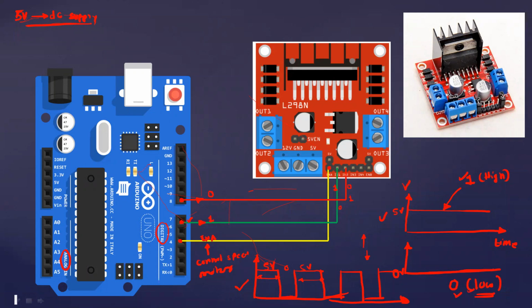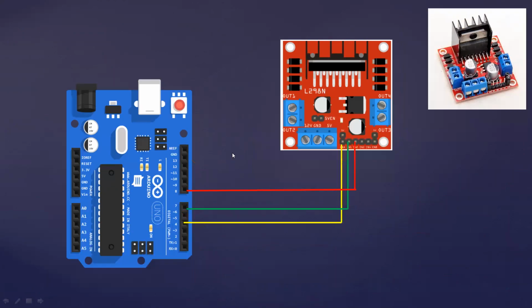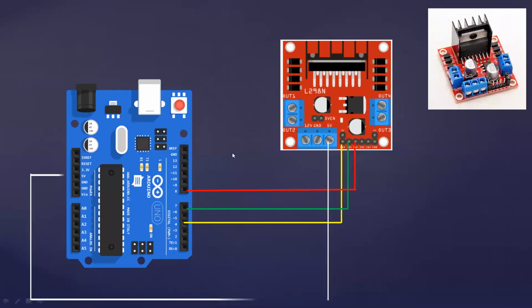We are only connecting one motor. If you are using a second motor, then we will connect the remaining pins, that is input 3, input 4, and enable B. After that, we need to connect the 5 volt and ground.